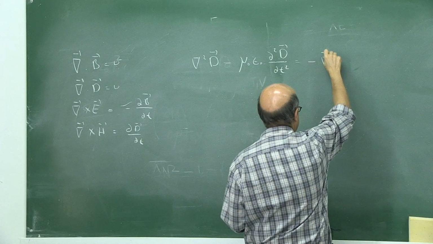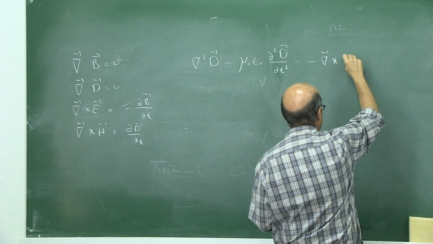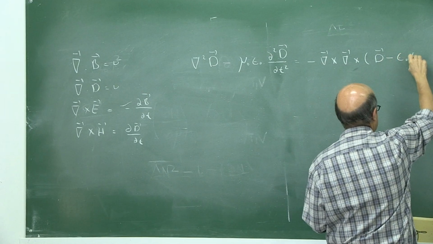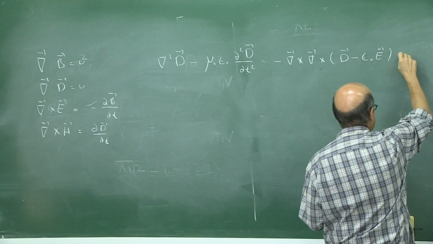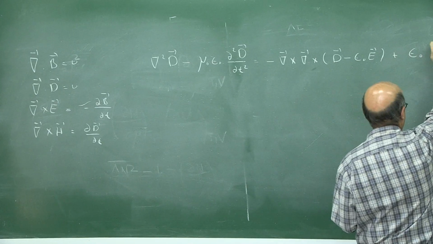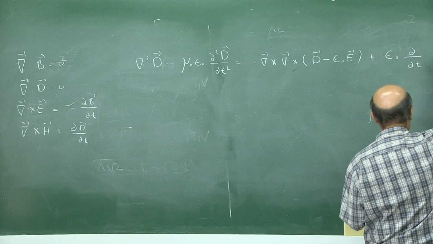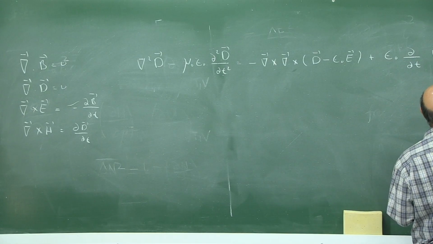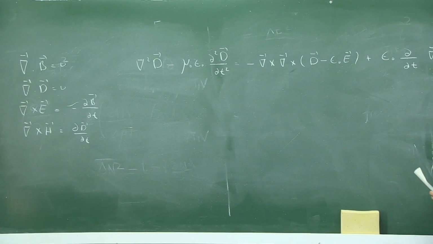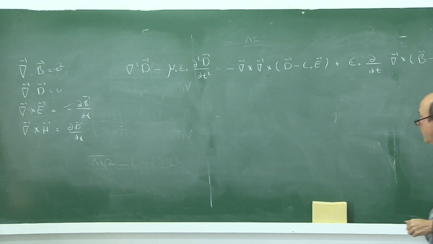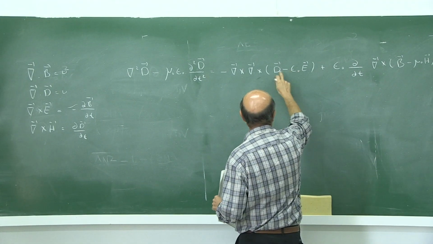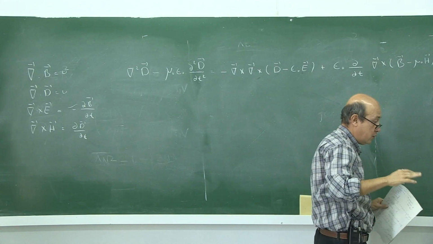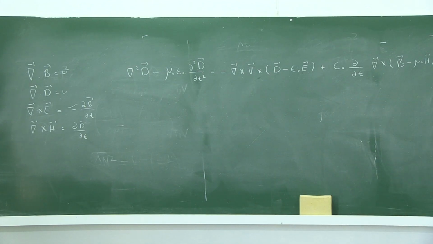Suppose the form is: curl of D minus epsilon 0 E, plus epsilon 0 del over del t of curl of B minus mu 0 H. So actually these are related with the polarization and magnetization. So basically we have a non-homogeneous wave equation.